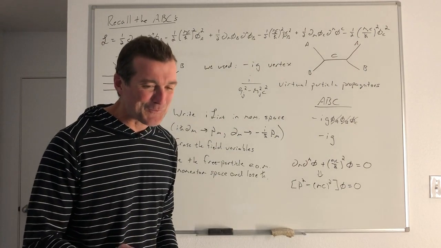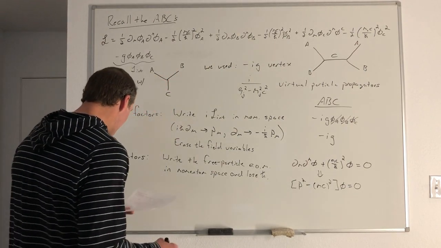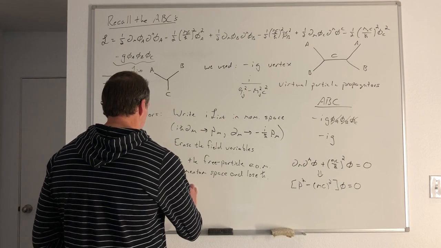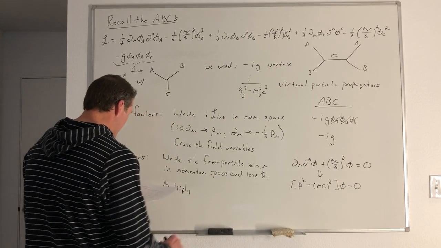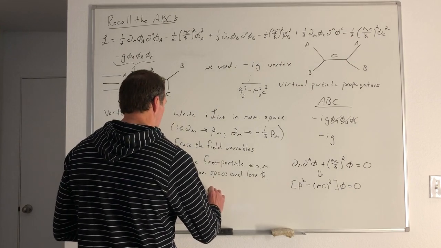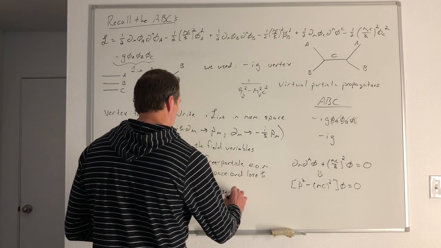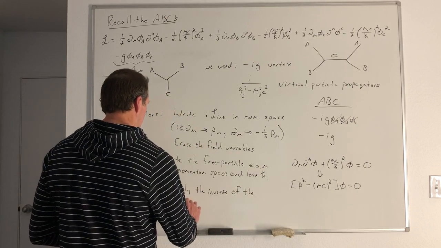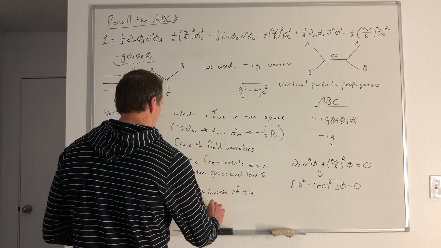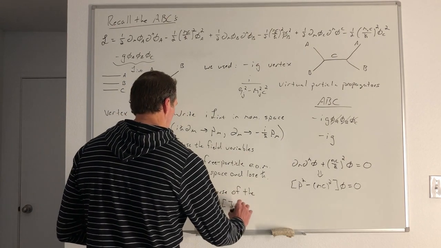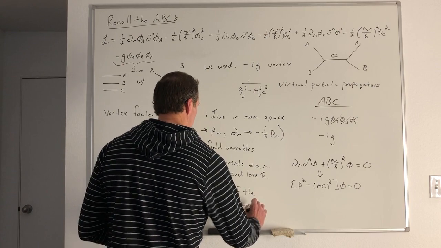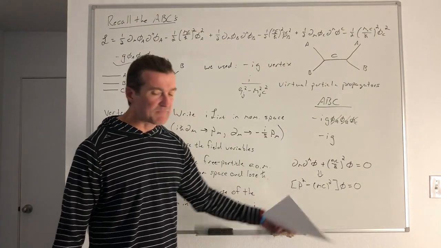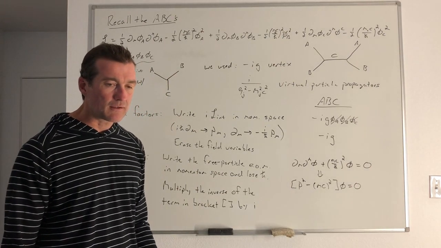This is going to be even harder when we're doing spinors, okay? Next, you want to multiply the inverse of the term in brackets by i. Well, look at the term in brackets, p squared minus mc squared.